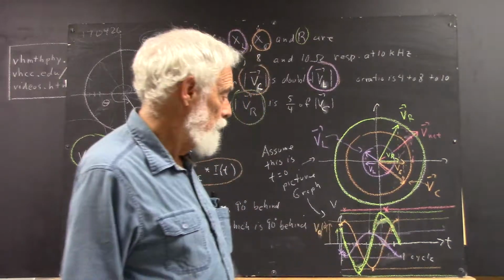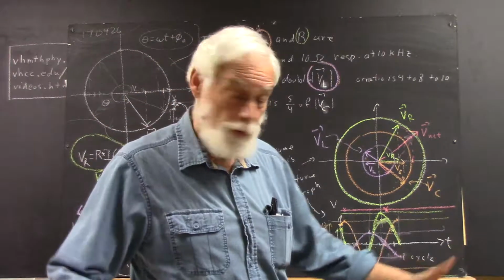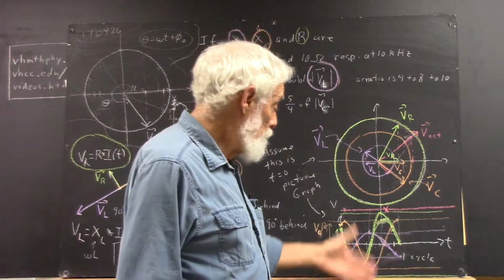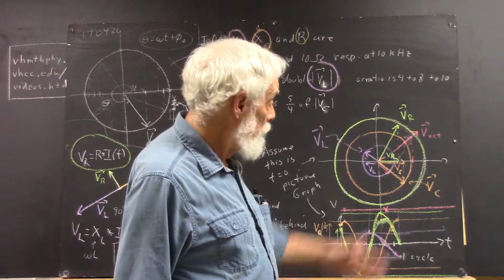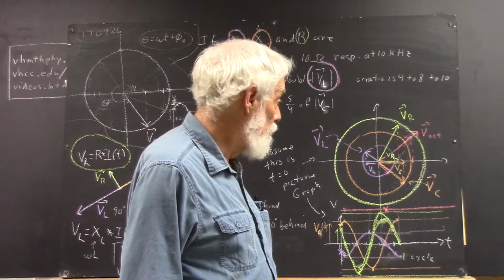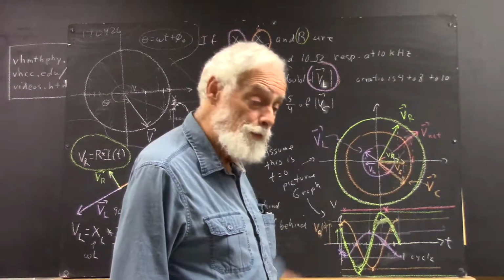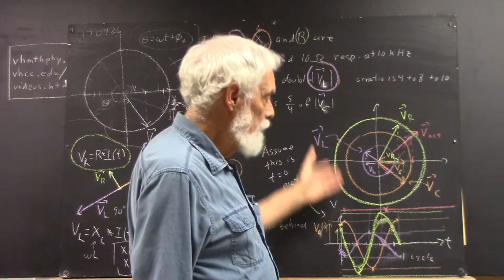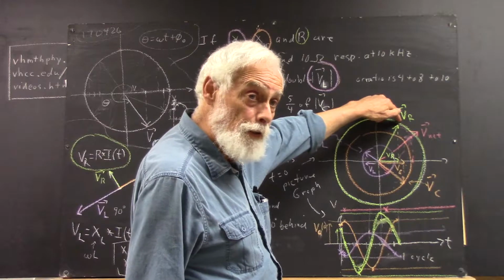Okay, well, now we want to talk about what happens when you get the total voltage around the circuit, which is what you get when you add these voltages. We can do that from the graph. It gets a little messy. Or we can come up to our phasor diagram here and use it to get a V sub net vector that will just neatly go around the circle in some phase with the V sub r vector.